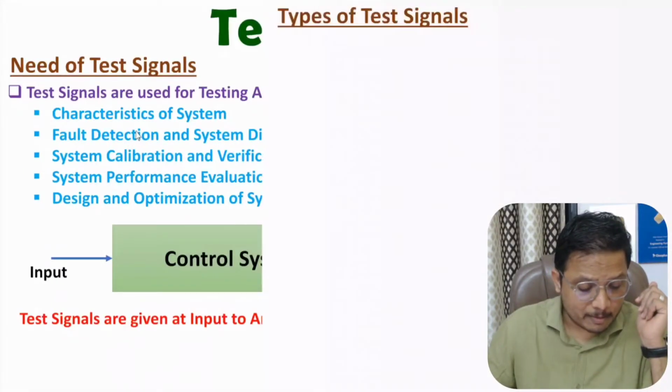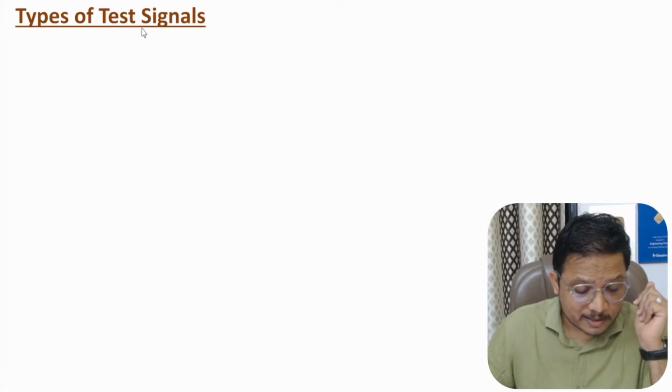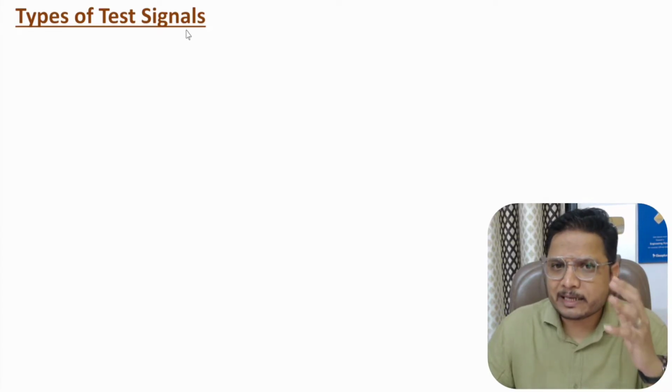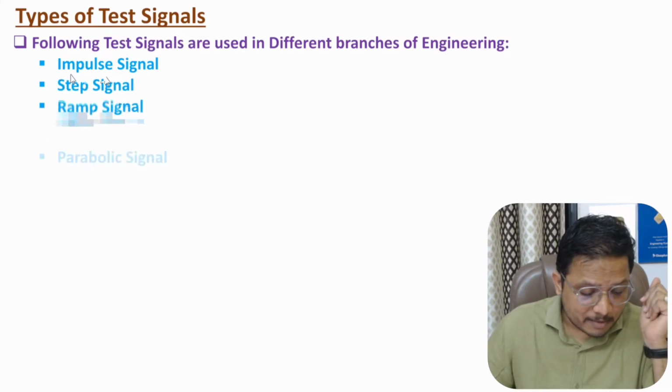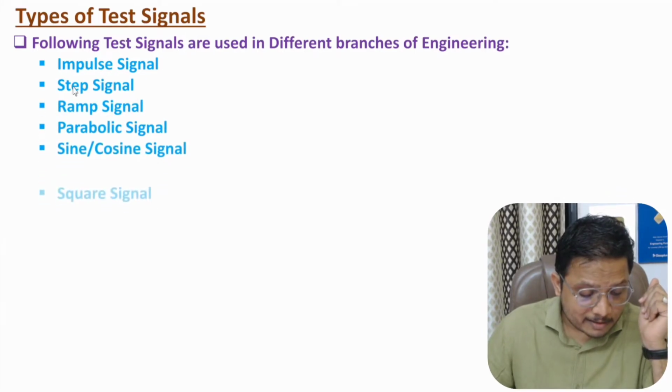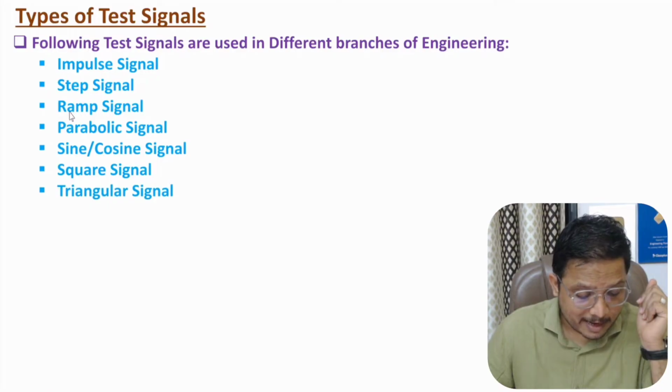Now I'll discuss types of test signals. See, there are many test signals available. Like there can be impulse signal, step signal, ramp signal, parabolic signal, sine or cosine signal, square signal, or triangular signal.